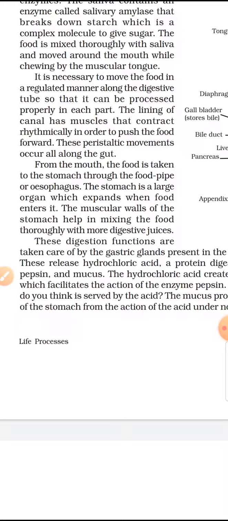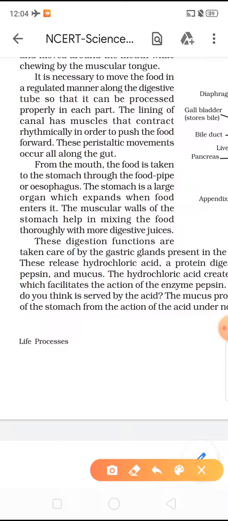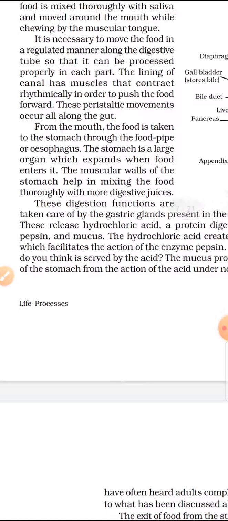Okay, the lining of the canal has muscles, very important point, students, that contract rhythmically. Rhythmically means it is having its rhythm. Through which it is pushing the food forward. Okay, and that is called peristaltic movement.